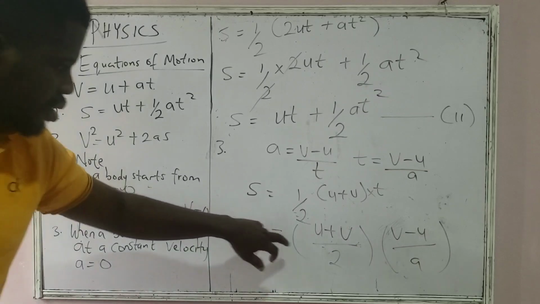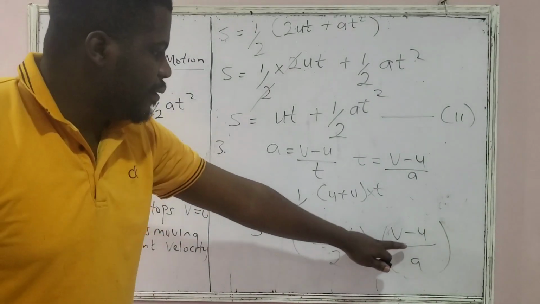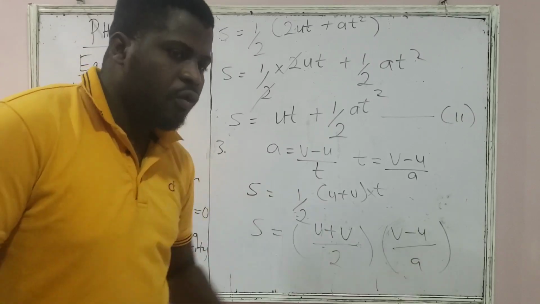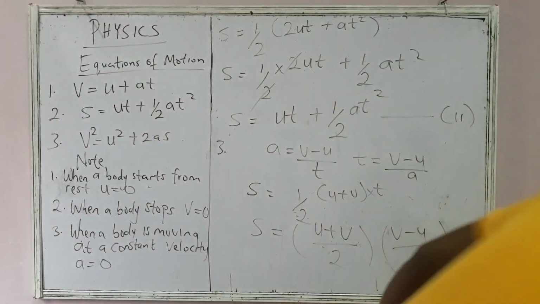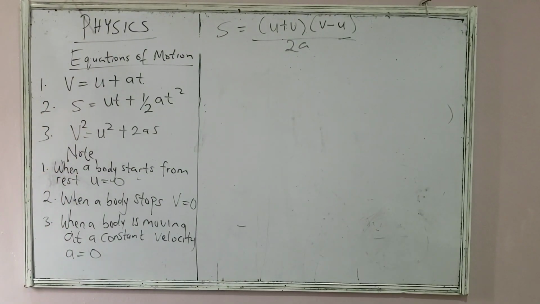So S = (U + V)/2 times (V − U)/A. This is what we are left with.